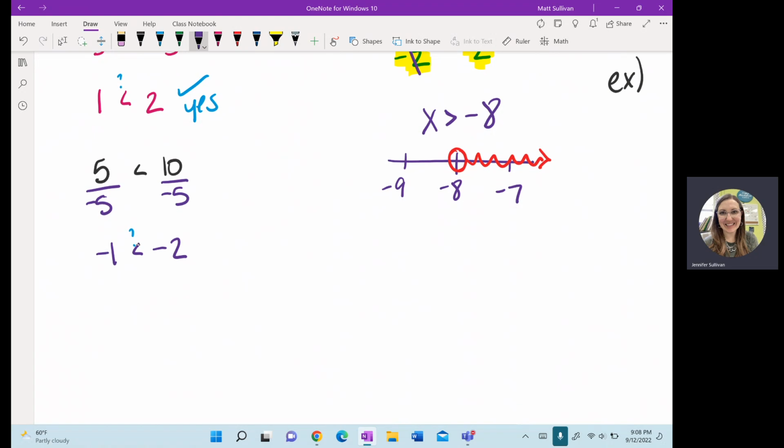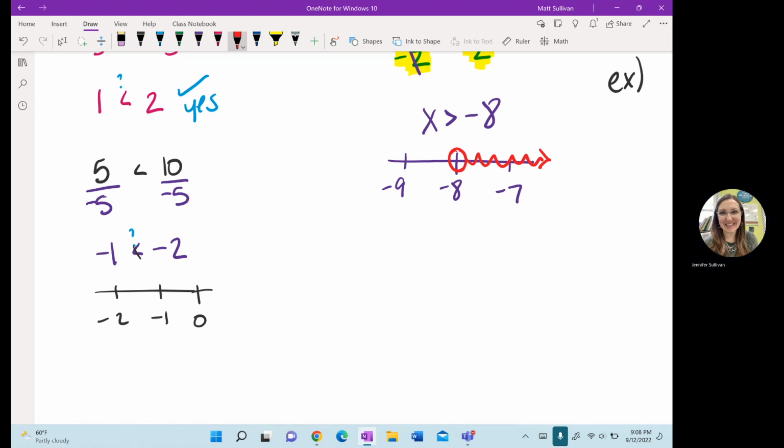Is -1 less than -2? No, it's not. Remember that on a number line, 0, 1, 2. On a number line, -1 is to the right of -2. So -1 is bigger than -2. So dividing by a negative requires that we flip a sign.